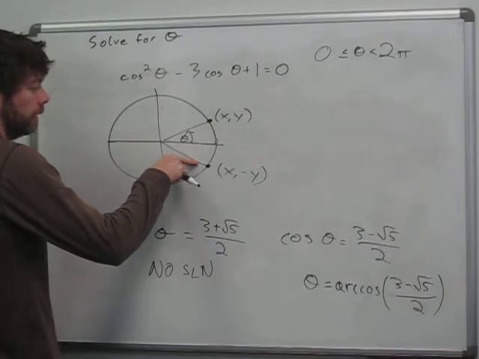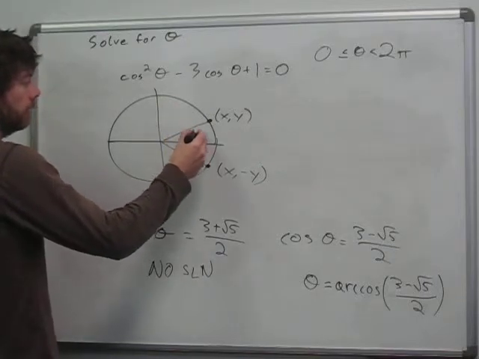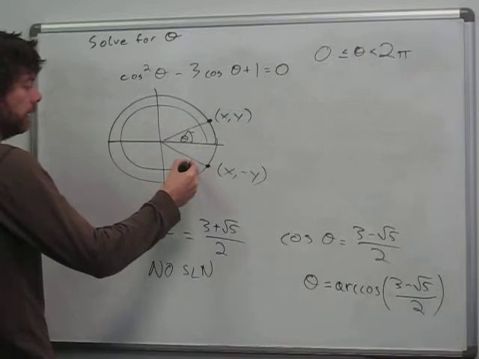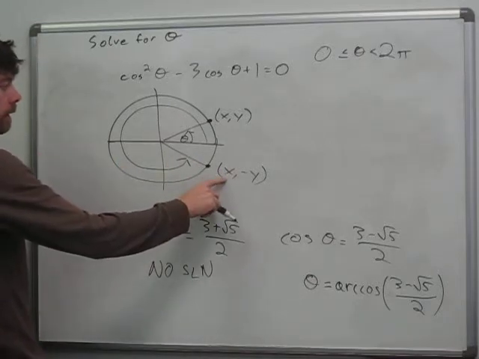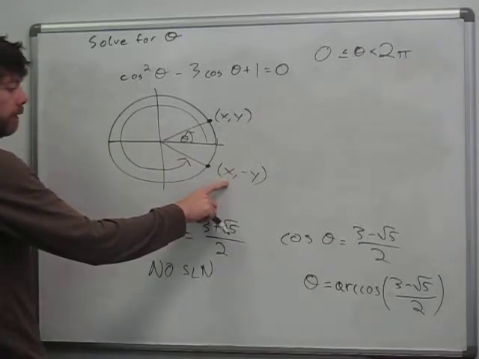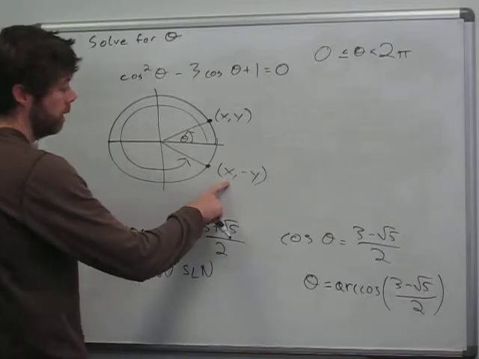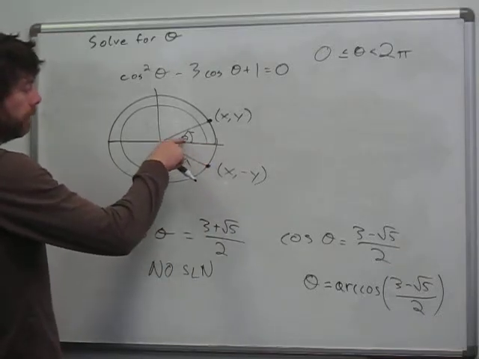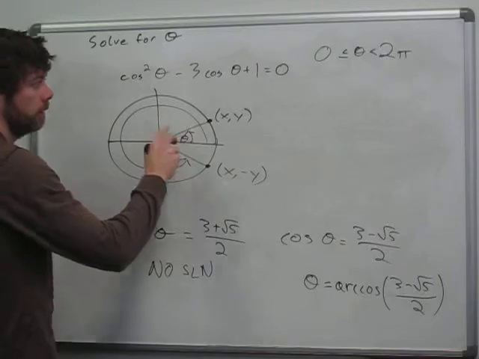Okay. So the rotation, the angle that's going to get me all the way over to a cosine value that I want over here is going to be 2 pi minus this angle theta.